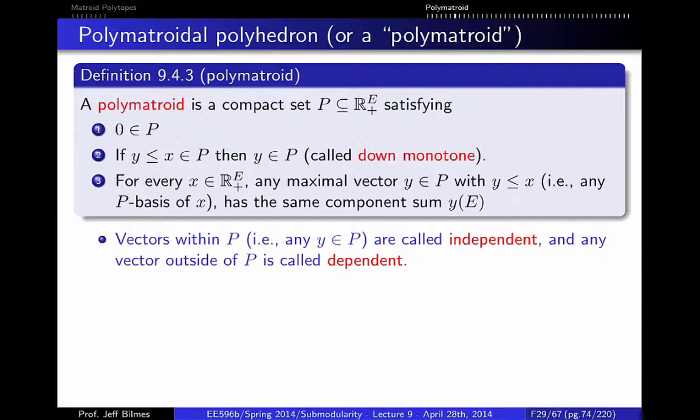Now, this is for those of you coming from a linear algebra background. It doesn't even make sense to talk about an individual vector that's independent. Nor does it make sense to talk about a single vector's rank. It's always in the context of other vectors, are vectors independent. Here we're saying that a single individual vector can be independent. And anything that's outside of P is called dependent.